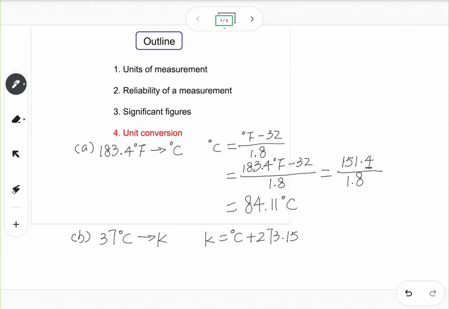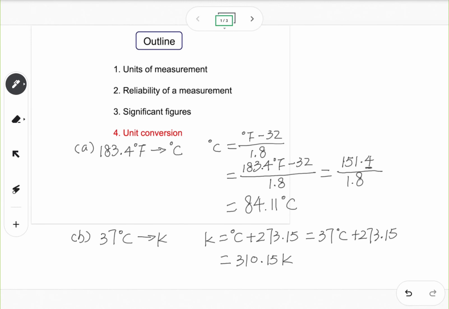I'm using 273.15 here, and again you treat this as a constant. If you plug 37 into this equation, it gives you 37 degrees Celsius plus 273.15, which gives you 310.15 Kelvin.